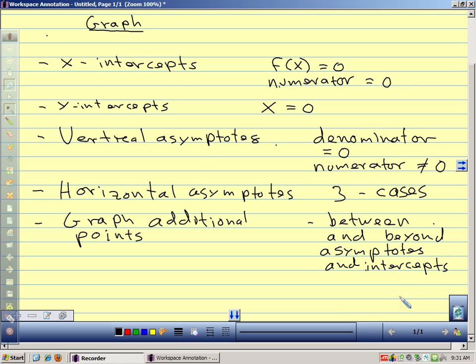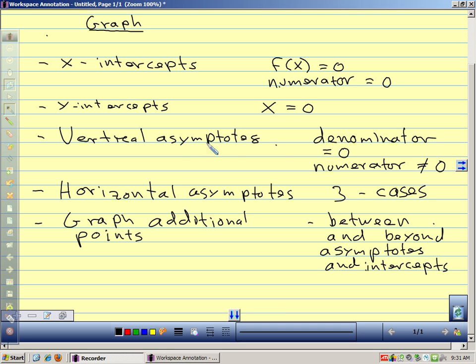And remember that our horizontal asymptotes, that's what the function is going to do eventually. So as we go out in the positive x or out in the negative x direction, our function has to eventually get close to that horizontal asymptote. The reason we plot those additional points is we need to know if it comes from below towards the asymptote or comes from above towards the horizontal asymptote.